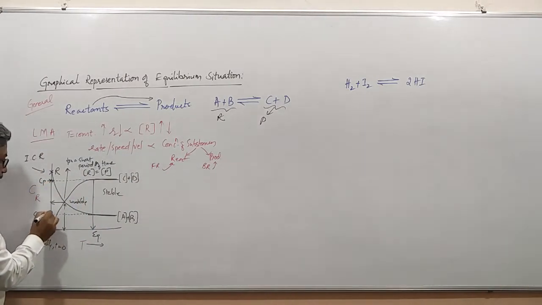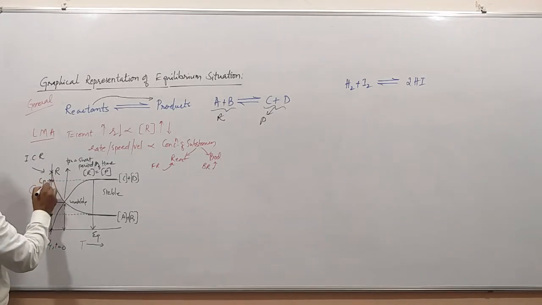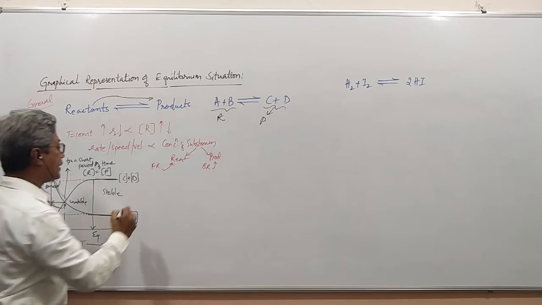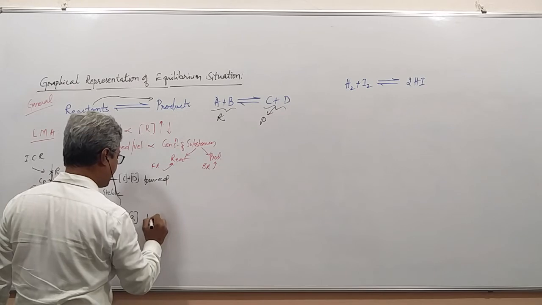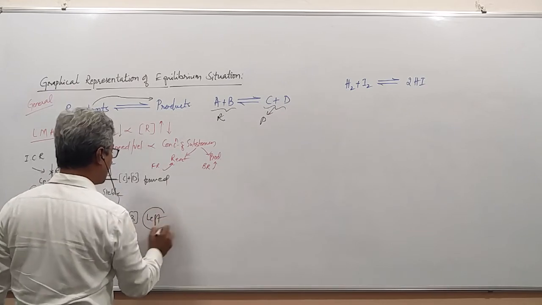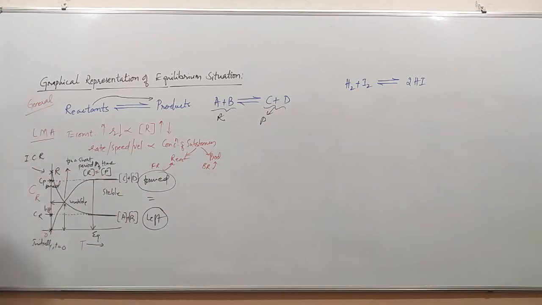Whatever reactant is left remains as it is. Whatever concentration of product is formed is also fixed. This is formed, produced. This is remaining, left. So both are found to be constant. At this situation only we call it the equilibrium situation.